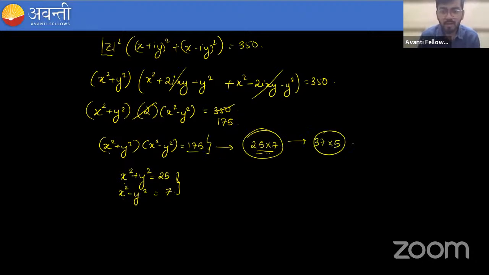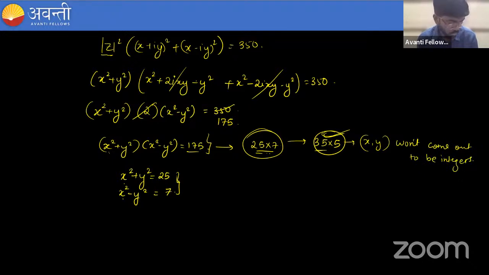It was 35 into 5 as well. So when you choose 35 into 5, then x and y won't come out to be integers.